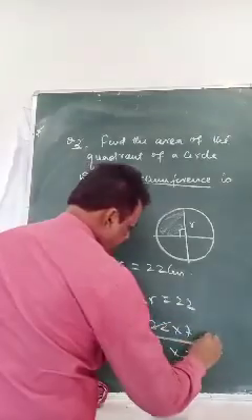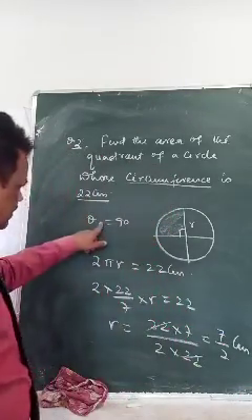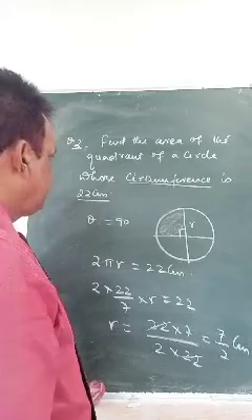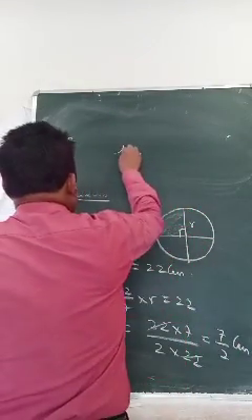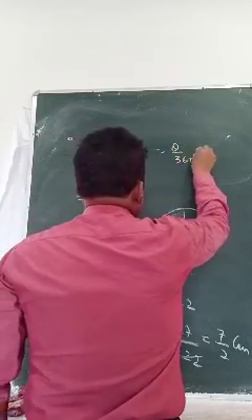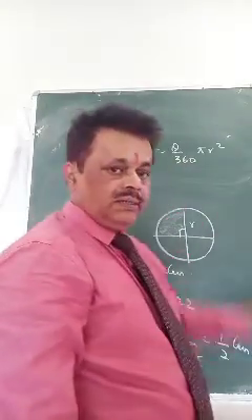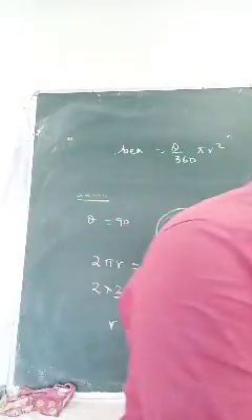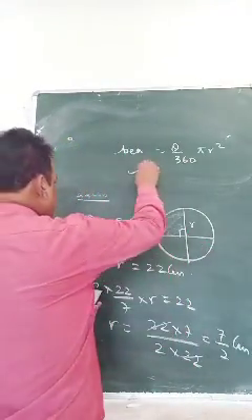This is cancelled, 7 by 2. Now you got theta, you got r. Now what is the area formula? Area is theta by 360 pi r square. Theta you put, r you put, and simplify. Okay. See the next question. Complete it.